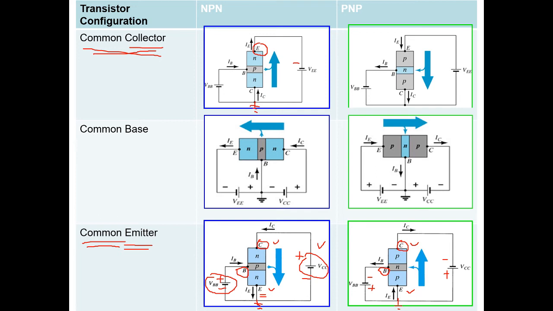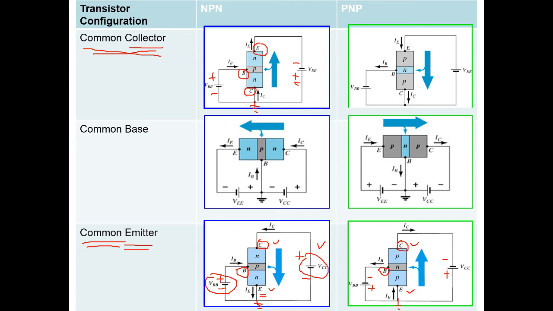And then you all know here that your collector is actually connected to the positive. And then for the base terminal, it is P-type material, so P-type you connect to the positive bias. So here you have negative to the emitter and positive to the collector.